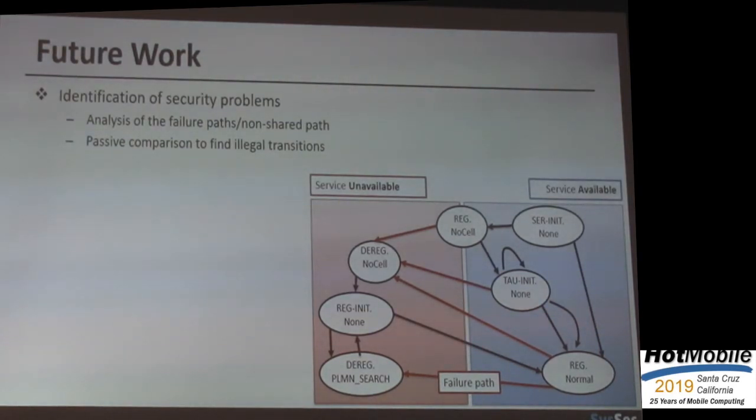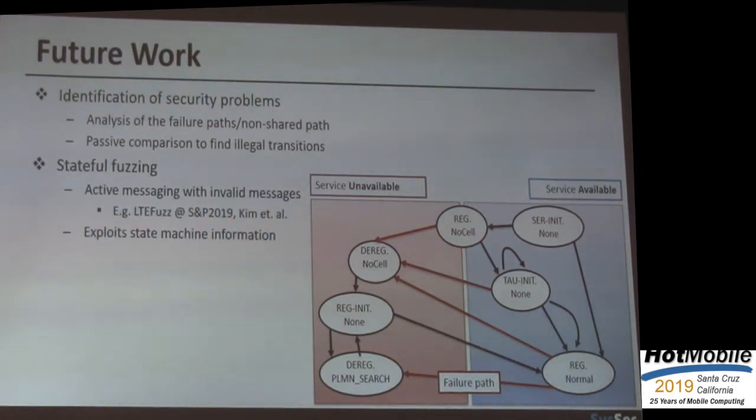Moreover, a path which is not shared between multiple operators is a candidate attack vector for the operators that do not have the path as well. To this end, we can conduct dynamic testing, which sends invalid messages actively to find security problems. This approach was introduced by LTEFuzz, and we believe that we can do more by exploiting the state machine information. For example, with the path information, we can execute the dynamic testing at each path or test with invalid transitions.